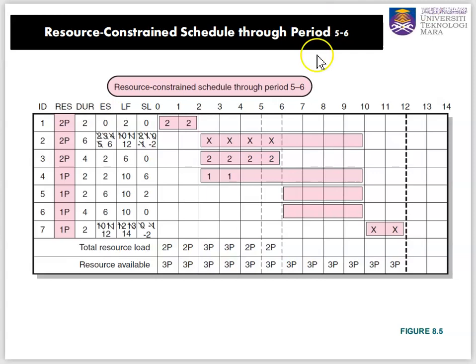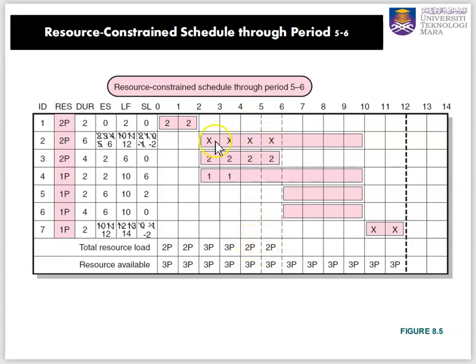We still cannot start our activity 2 at the end of day 3, or 4, or 5, or 6, because the number of persons used is 2%. If we put 2 here, it will become 5 here, which is already over the maximum. If we put 2 here, it will become 4%, which exceeds the maximum resources.